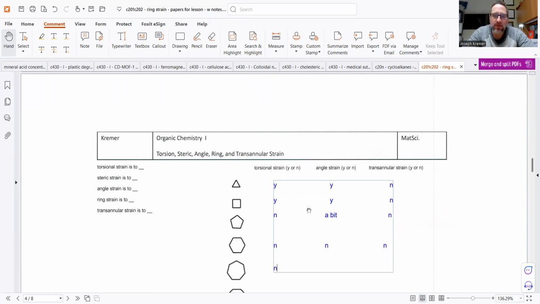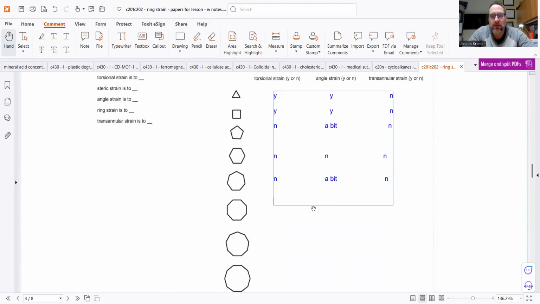Torsional strain, not too bad. Angle strain, a bit; angles are too wide. Transannular strain, not yet. Cyclooctane, torsional strain, a bit. Angles are too wide. Transannular strain, not quite yet. Torsional strain, no, not a problem at all. Angle strain, yeah, a bit too wide.